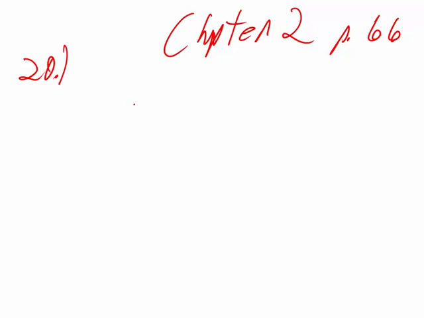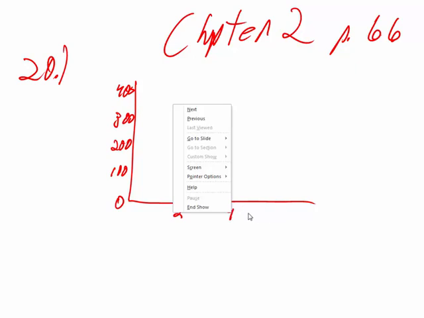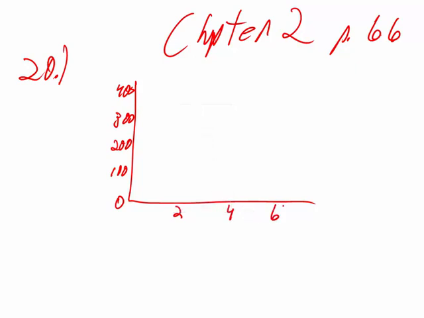Basically what we've got here is a graph. It looks something like this. This is 0, and then 100, 200, 300, and 400. Then you've got 2 seconds, and I'm trying to do this as best I can, 4 seconds, and then 6 seconds.